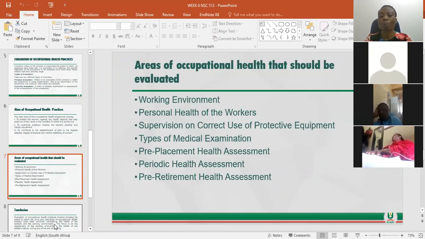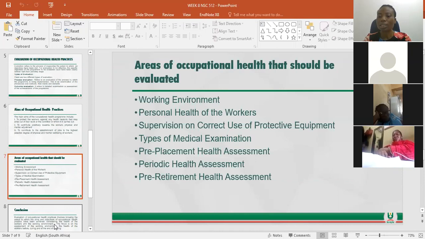And what about the pre-placement health assessment? Before you place a person in a unit, you want to assess their health. Can their health handle it? That is the importance of doing the assessment first.